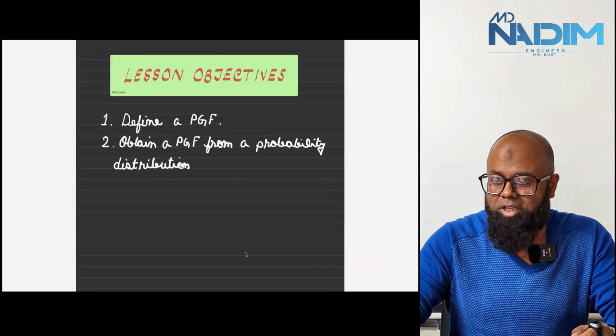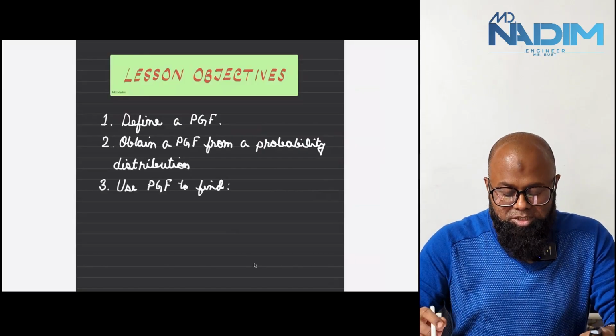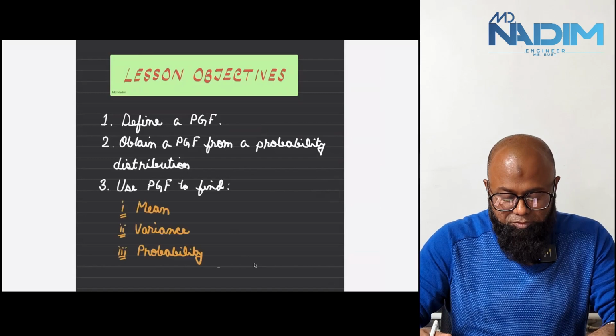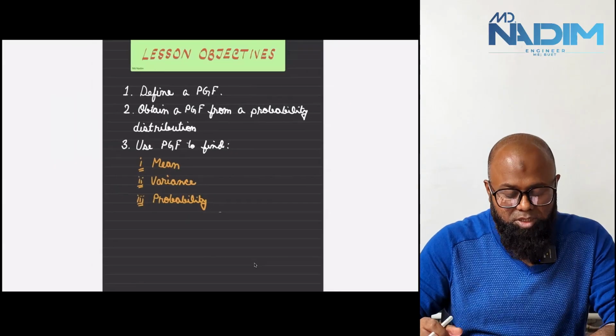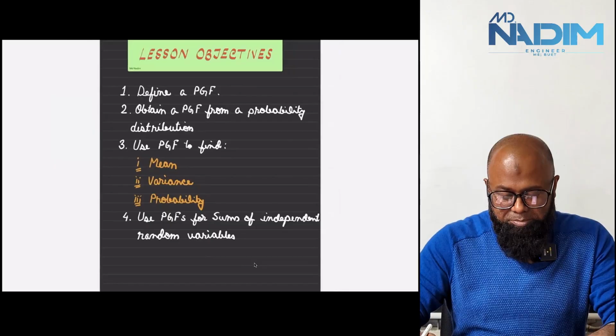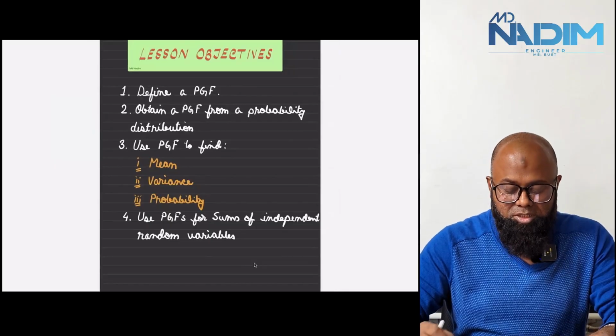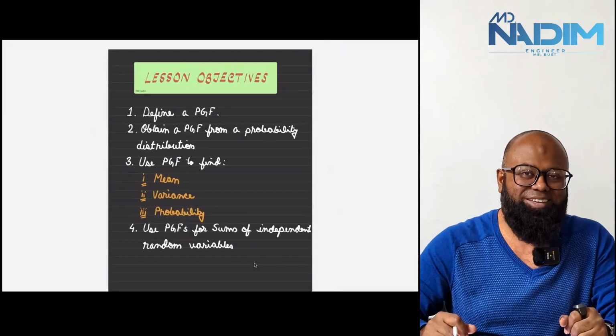Then the next one is to understand how to use the PGF to find mean, variance and probability. Then use PGFs for sums of independent random variables. So these are the lesson objectives of this topic.